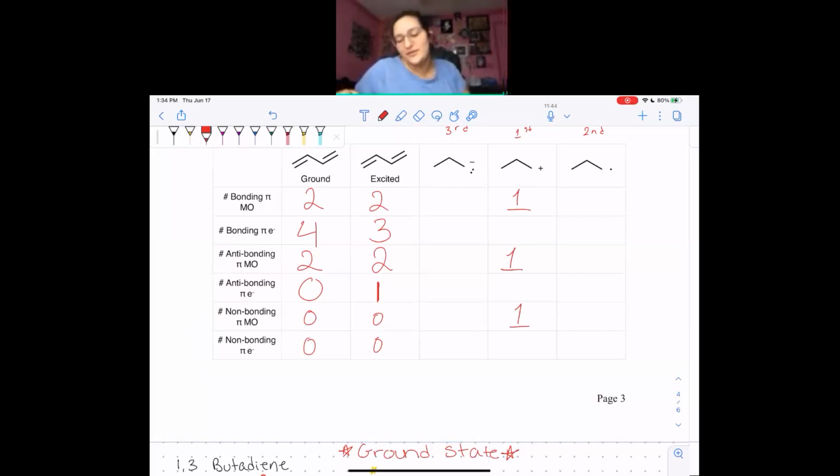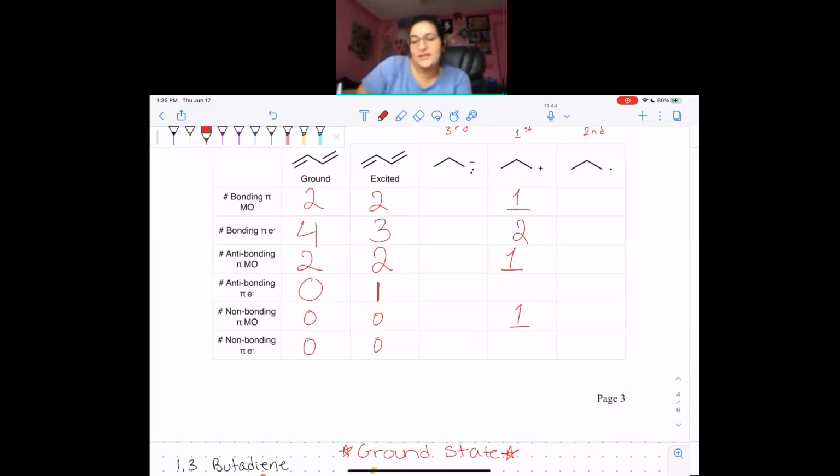So now we're going to go in and fill the number of electrons. So how many bonding electrons do we have? Someone said it's my Wi-Fi. So that's entirely possible. I am clearly home today, and so everything's a mess. But thank you for sticking with it. All right, so yes, we have 2 bonding electrons.